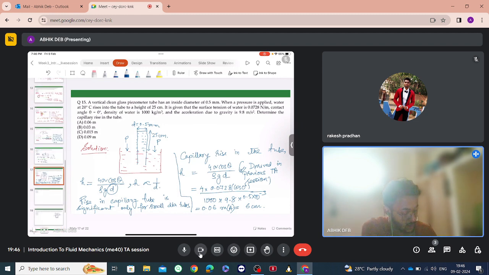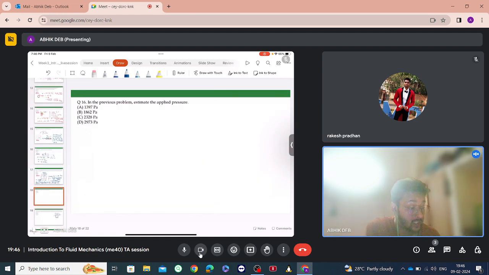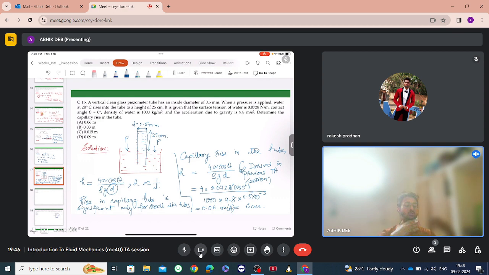Now coming to the next problem, in the previous problem estimate what is the applied pressure. So see, the total rise in the piezometer tube is 25 centimeter. This rise is a result of the pressure applied as well as the capillary rise.